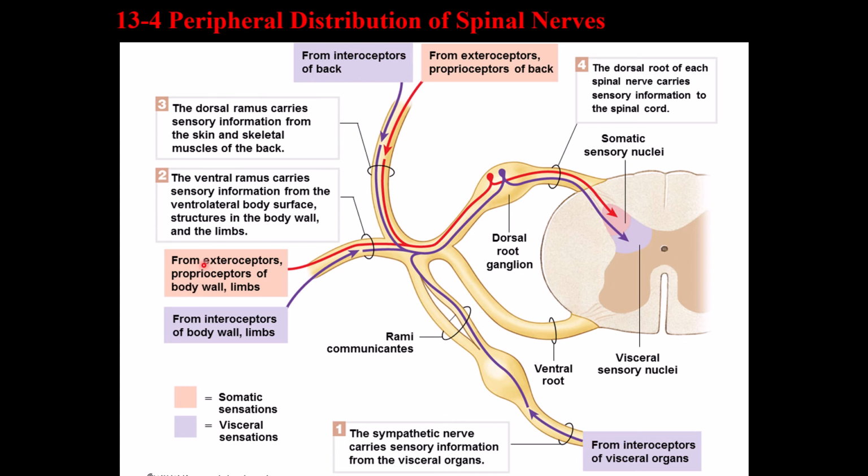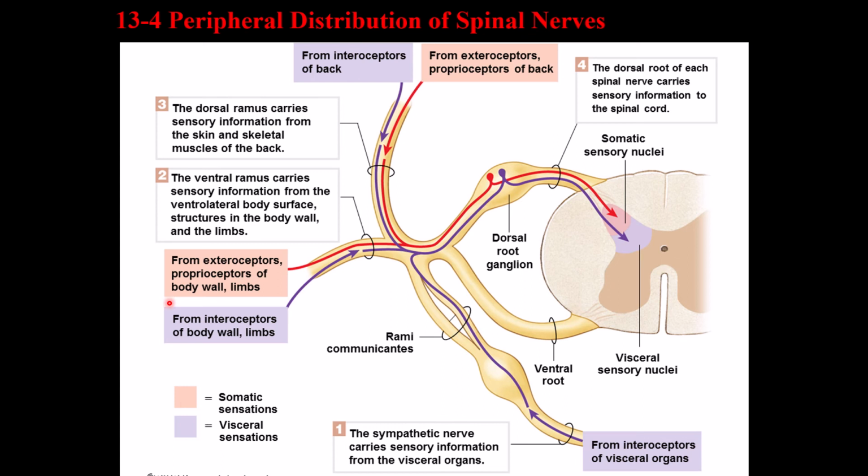So you had exteroceptors, which were for example for light touch and light pressure, and also for temperature. You had the proprioceptors, which were for movement of the joints and also the stretch of the muscles, things like that. And interoceptors, they were, for example, for pain and deep pressure.